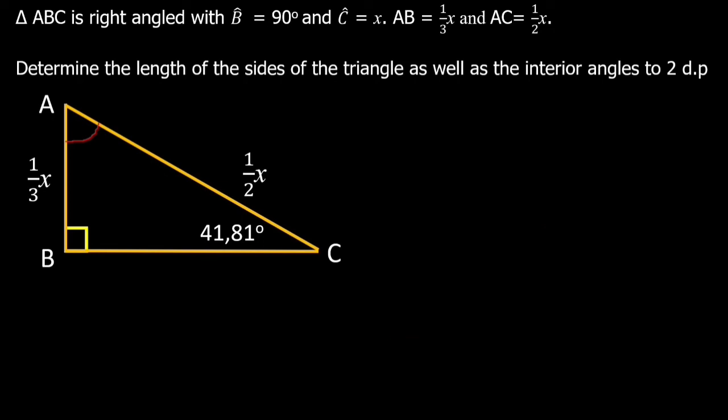Once you know the other acute angle, the third angle of the triangle will be 90 minus the given angle. So 90 minus 41,81 will give you 48,19 degrees. So angle A is now 48,19 degrees.